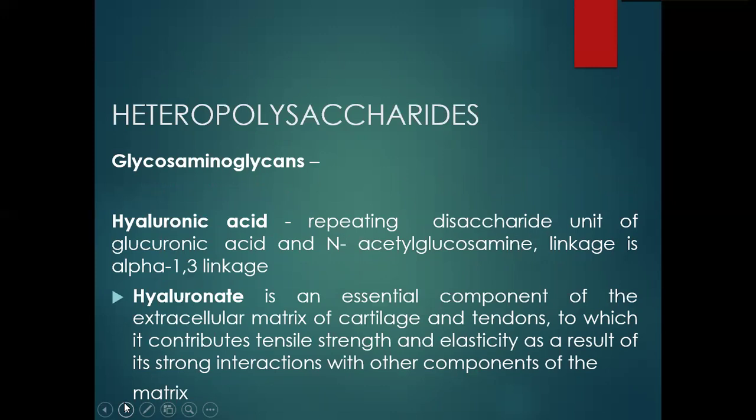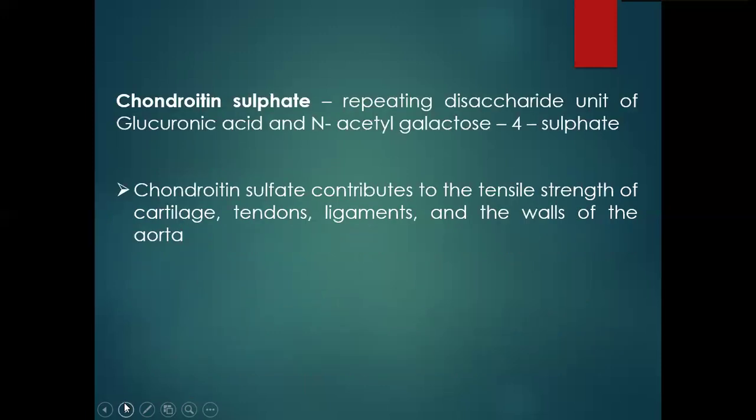Heteropolysaccharides, examples are the glycosaminoglycans. Hyaluronic acid is a repeating disaccharide unit of glucuronic acid and N-acetylglucosamine, which are linked together by alpha 1,3 linkage. Hyaluronate is an essential component of the extracellular matrix of cartilage and tendons, to which it contributes tensile strength and elasticity as a result of a strong interaction with other components of the matrix.